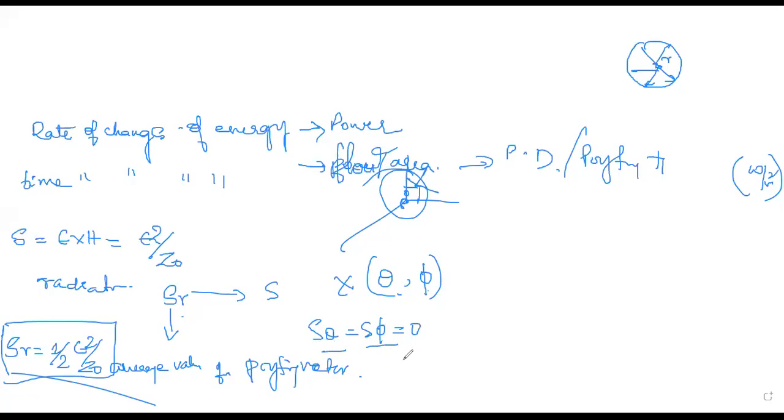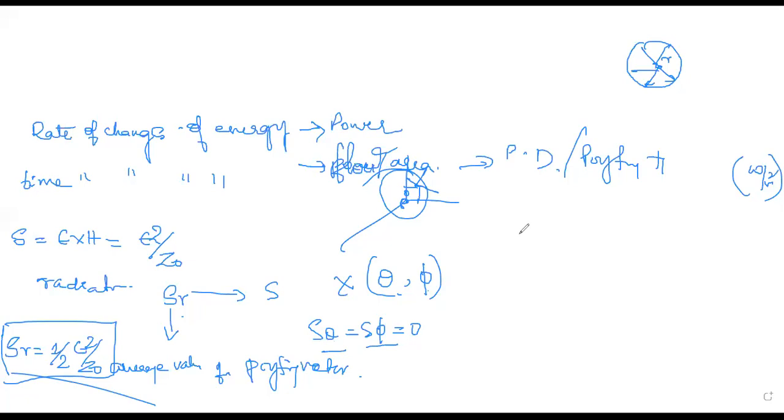Now if you are drawing the graph for the variation of the radial component of Poynting vector, that is SR, with respect to the angle functions theta and phi, then you call such a graph a power pattern.